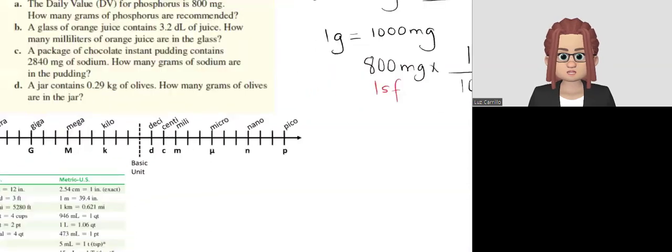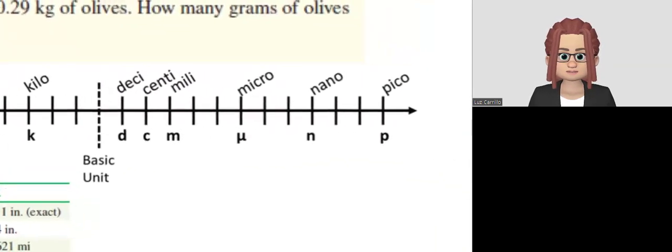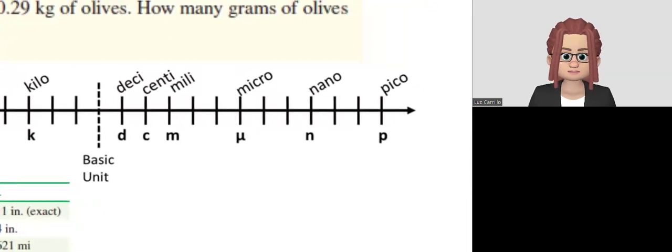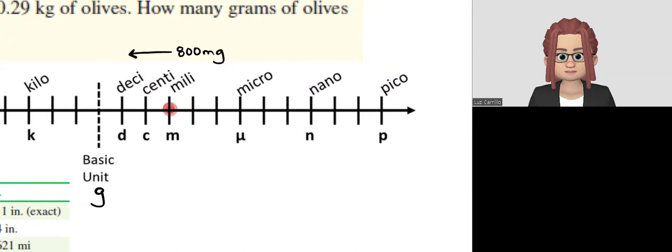If I use the number line method, what is given, I'm going to highlight, which is milli, is right here. 800 milligrams. And I'm converting it to my basic unit of grams, which specifically, let me just redraw this arrow, is going to be at this point where I have my basic unit.